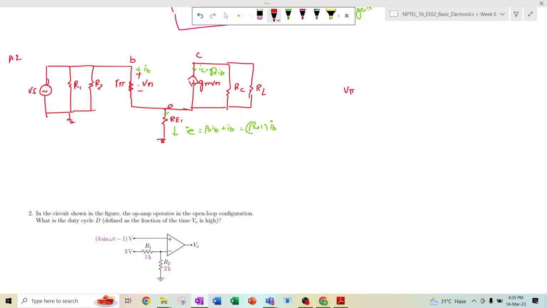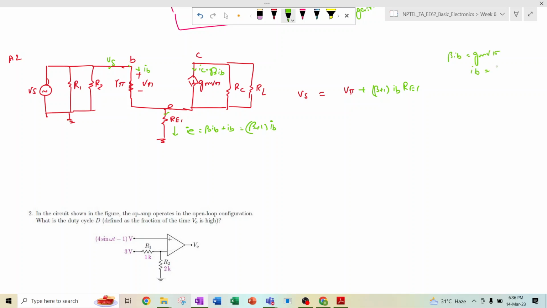V pi is nothing but, so if this thing is Vs, I'm using this green pen. Okay, so Vs is equal to V pi plus beta plus 1 times IB into RE1, and now beta times IB is nothing but gm V pi.